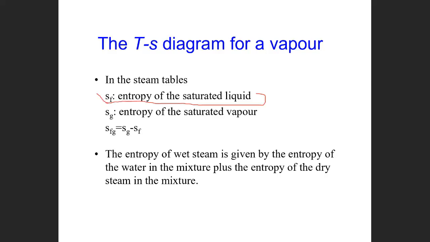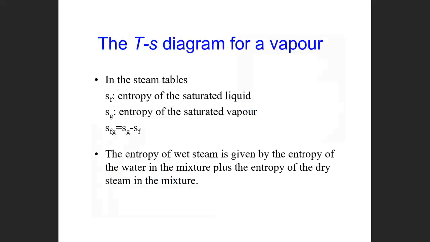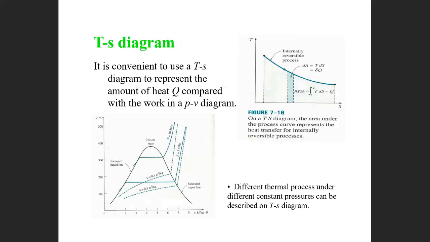This is, I think, a kind of recap because we have learned it. When we introduced the tables and the diagram, f usually means the saturated liquid. Here they are using f for the fluid, and the entropy.